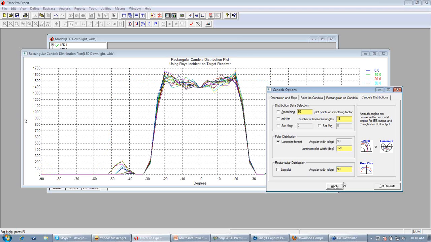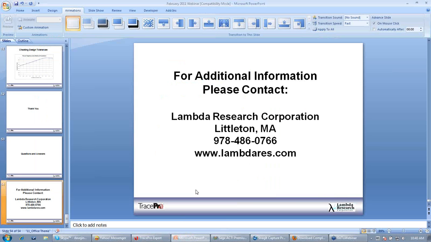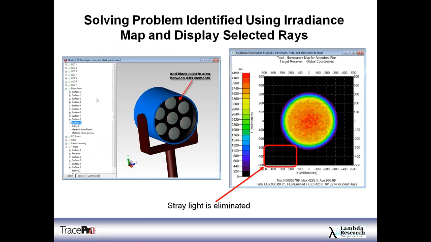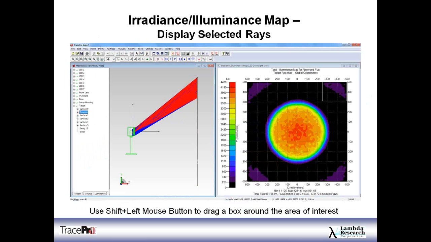We have a request to review the stray light portion of your presentation again. I'll go back to the presentation here. I was looking at this irradiance map, and I wanted to see where this light is coming from.